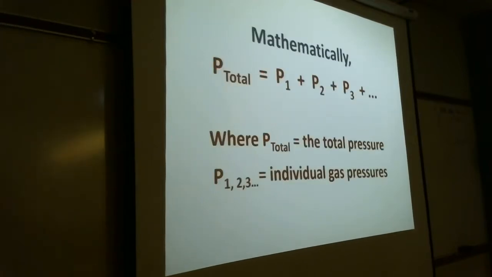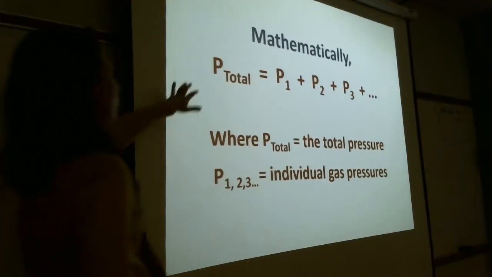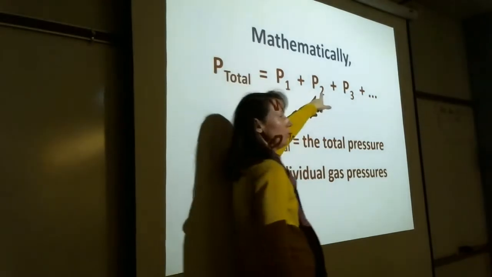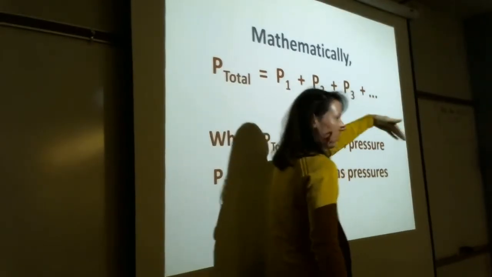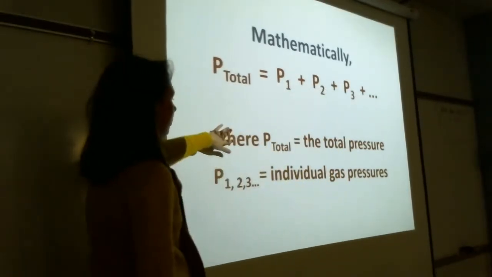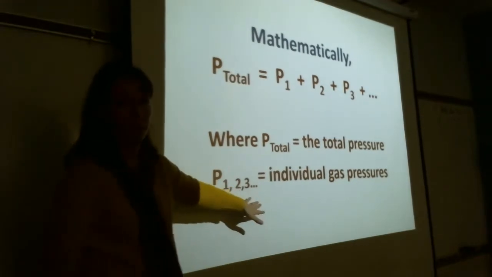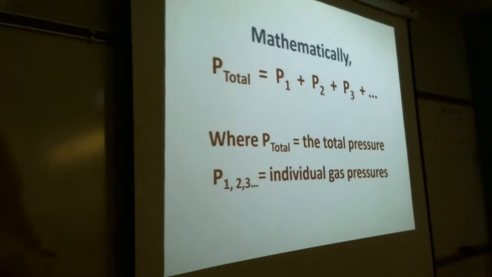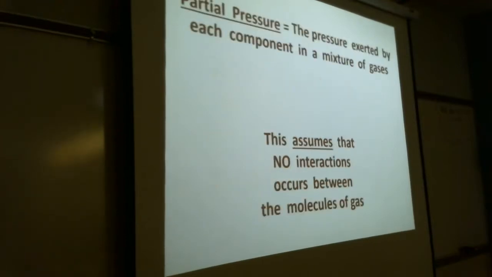So mathematically, the total pressure is equal to the pressure of gas number 1 plus gas number 2 plus gas number 3, et cetera. This is the total pressure, and then these are the individual gas pressures. Make sense? That's all Dalton's law says. Not really all that complicated, right? Of course, we're going to make it more interesting, but let's just start simple.